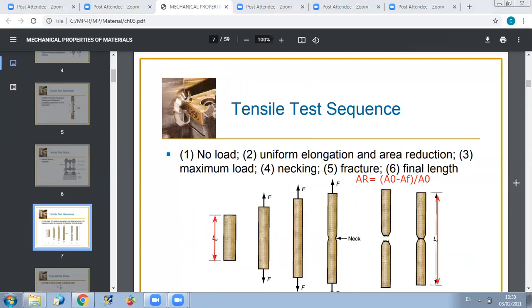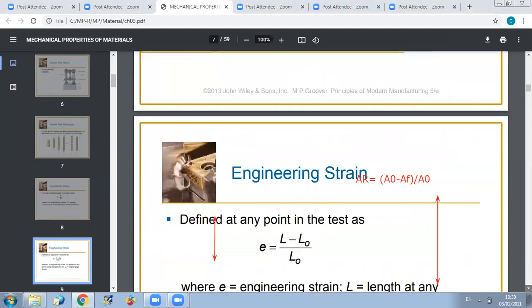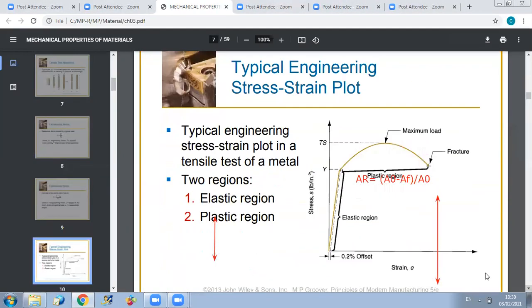And if you want to use your graph to determine the ductility, if we go back to the engineering curve, the tensile strength corresponds to the maximum load. So to find the tensile strength, you just find the maximum point here, and it will correspond to the maximum stress, which is called tensile stress or tensile strength.